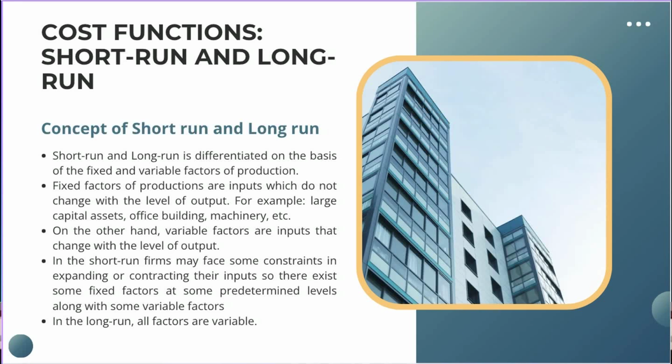So we have the concept of short run and long run, variable factors and fixed factors. In the short run, there can be some factors which can be varied, so the expenses on these factors would be the variable cost. And there are some factors, as we have discussed just now, which cannot be varied in the short run, and the expenses on these are the fixed cost of the firm.